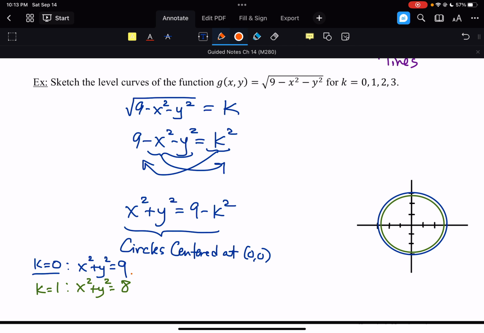Then k equals 2. So that's going to be x squared plus y squared equals 9 minus 2 squared, which is 4. So we're going to get 5. And again, the radius is radical 5, which is between 2 and 3, but this one is closer to 2. So it's going to be hugging pretty close to these values.